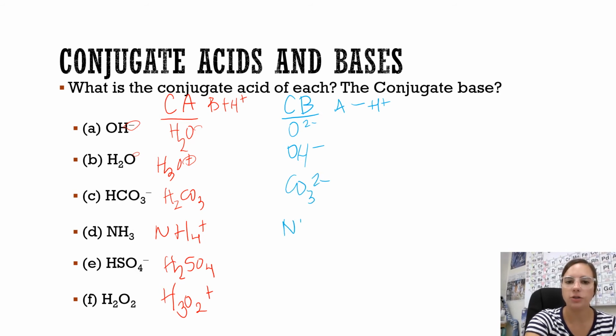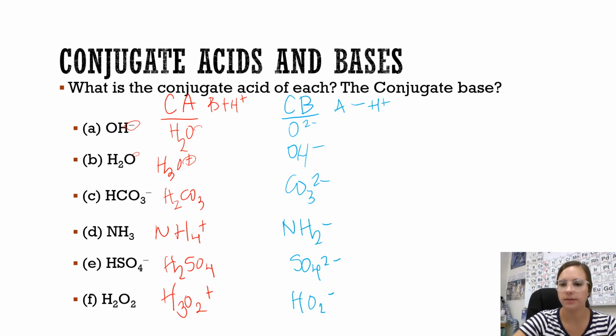NH3 minus H becomes NH2 minus. HSO4 minus H becomes SO4 2 minus. H2O2 minus H becomes HO2 minus. So for each of these, because I lost a hydrogen, which is +1, and all of these began as neutral or -1, they all became either -2 or negative.